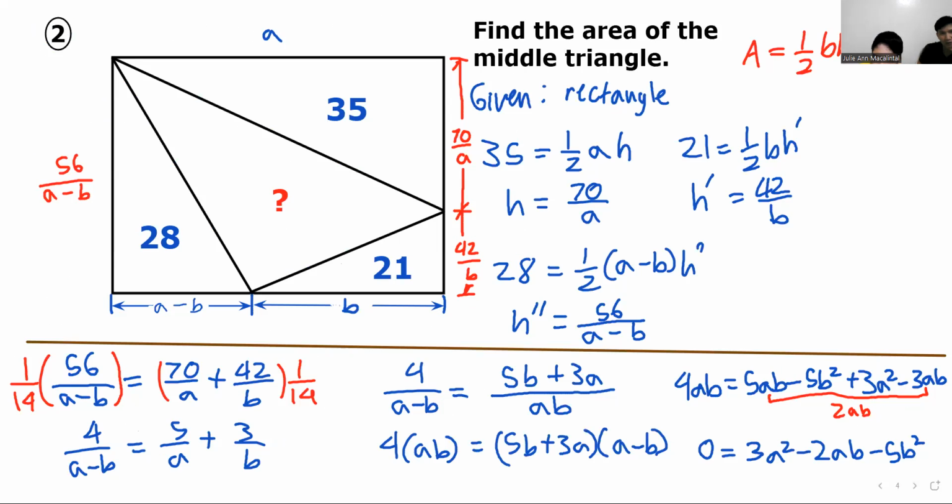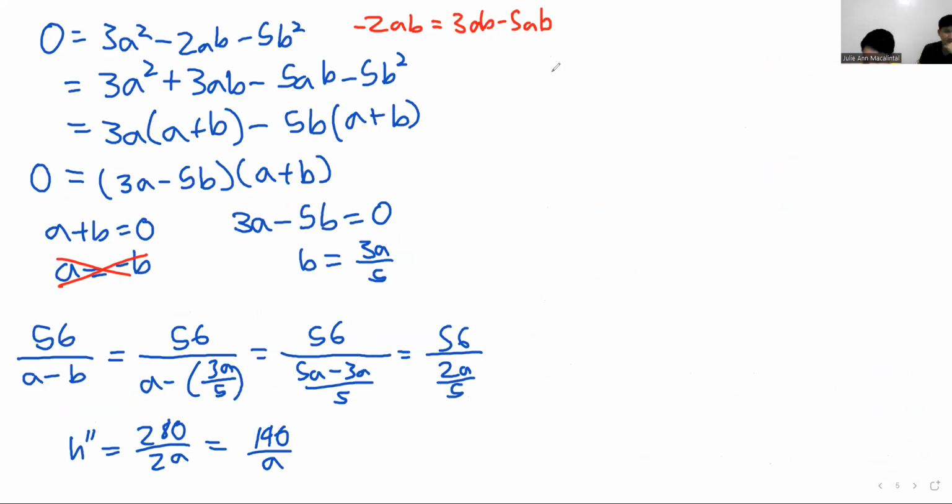Right. We can put here the area of a rectangle, which is its width times height.